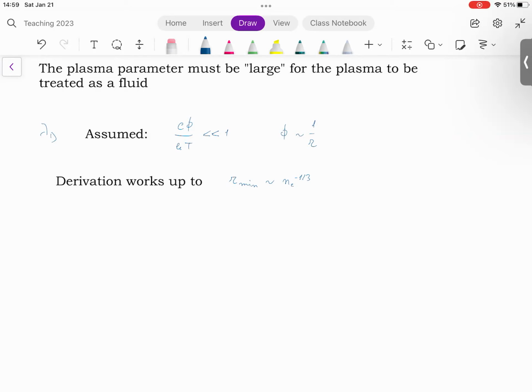So essentially, I can define a volume of R minimum cubed times 4 pi over 3, or just R minimum cubed if I want a cube and not a sphere, and look at how many particles I have in there, and decide, okay, my R minimum is going to be determined by the region of space where I have at least this many particles. That's the meaning of this.